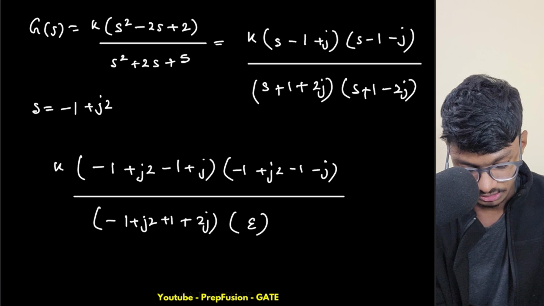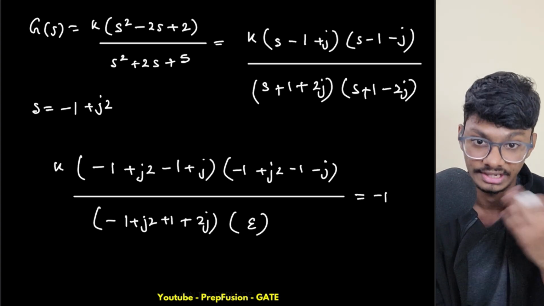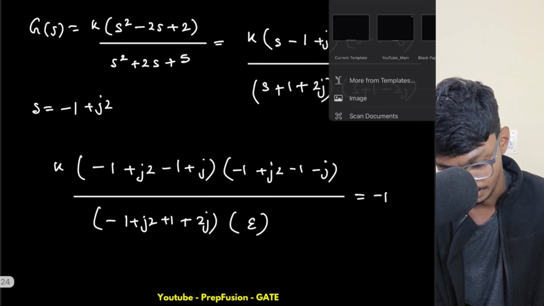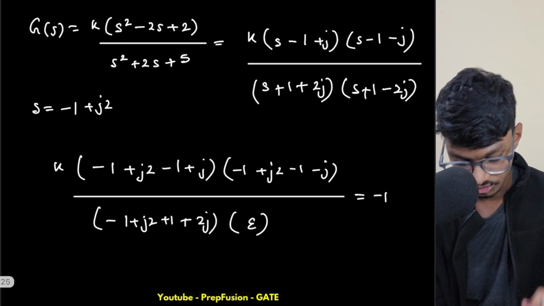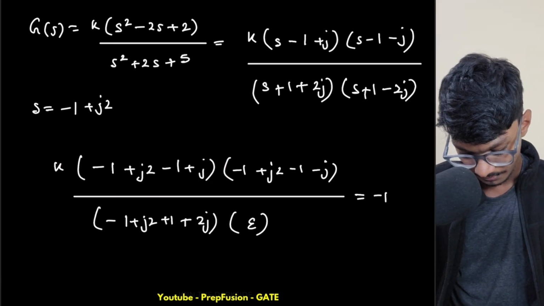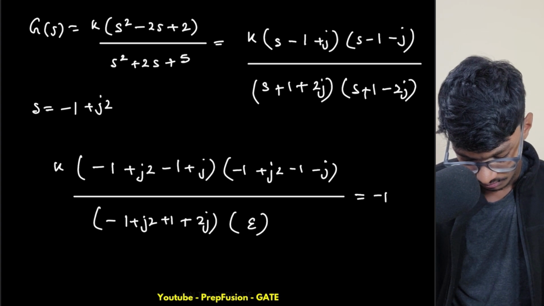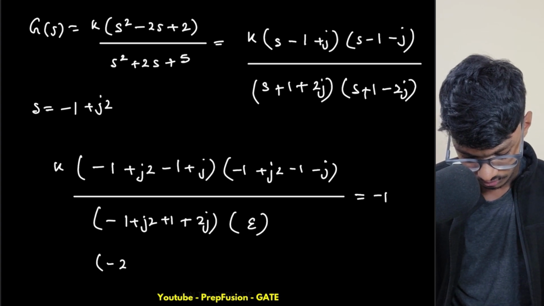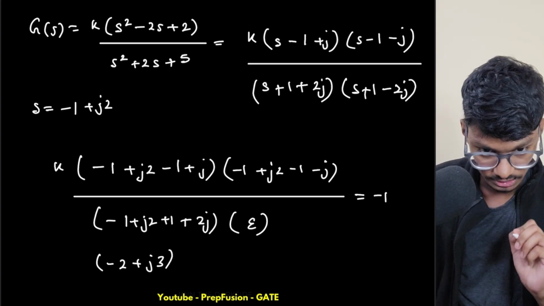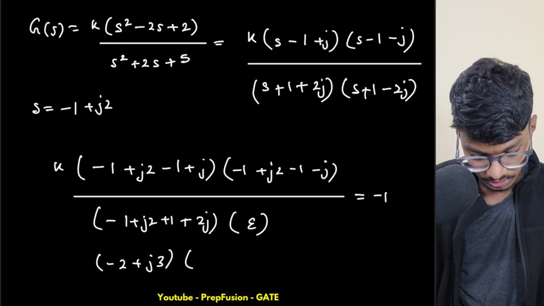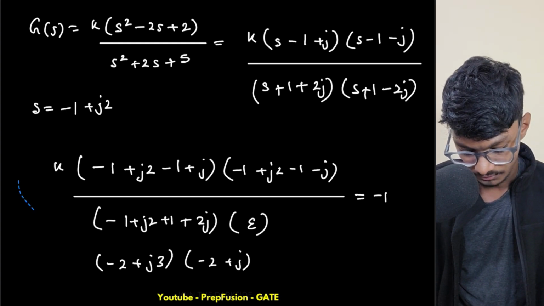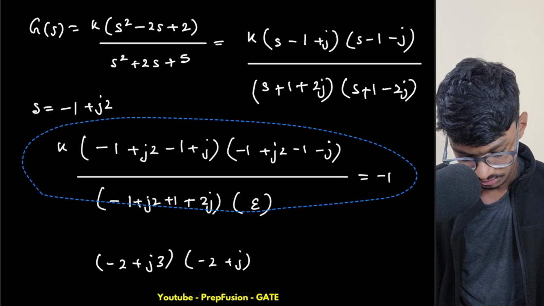Now this should be equal to -1, right? This is lying in the root locus. Again, I equate this with the angle condition, so let me write this. This will become -2 plus j3, then this will become -2 plus j.